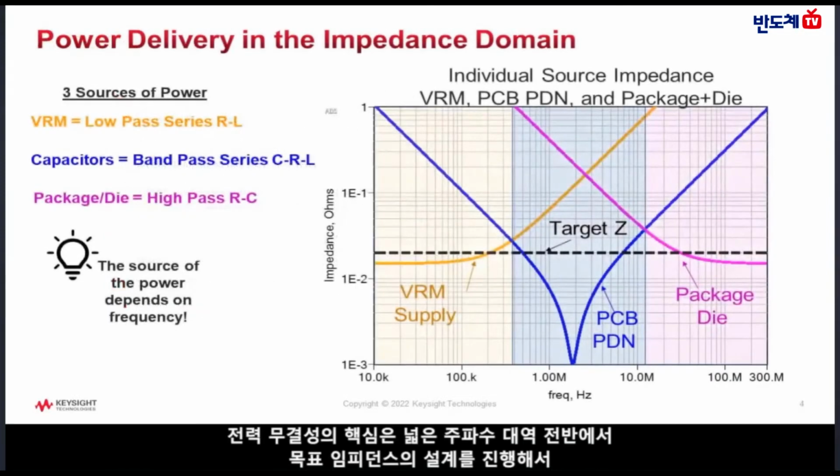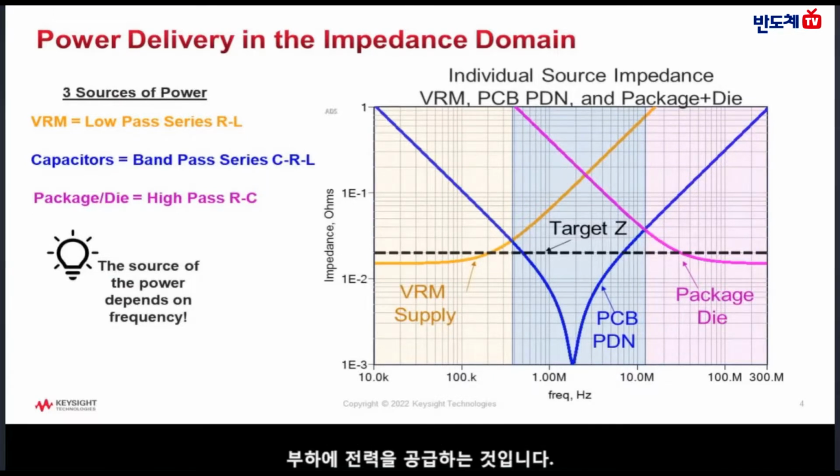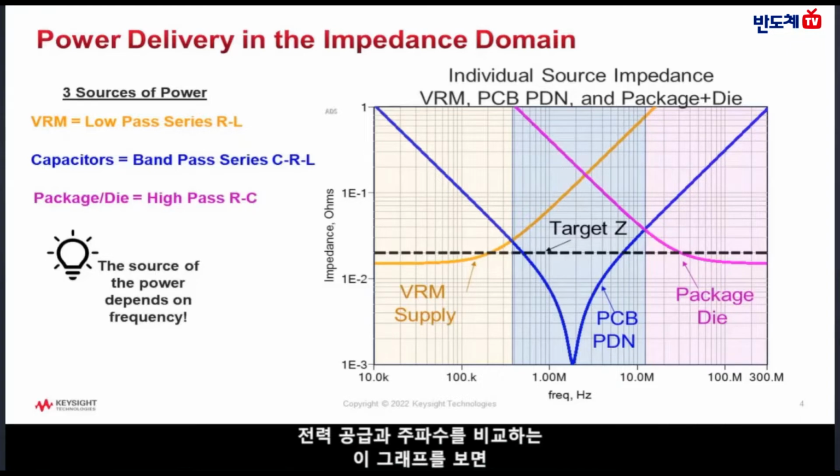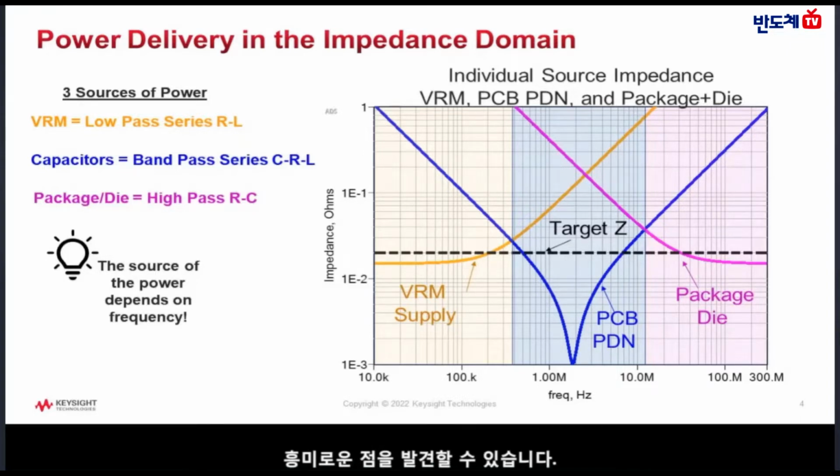Power integrity is all about designing for a target impedance across a wide band of frequencies to deliver power to the load. Looking at the power delivery versus frequency shown in this graph, something interesting can be seen. The VRM is not the only source of power. In fact, the VRM looks like a low-pass filter shown in gold because it only delivers power at low frequencies.